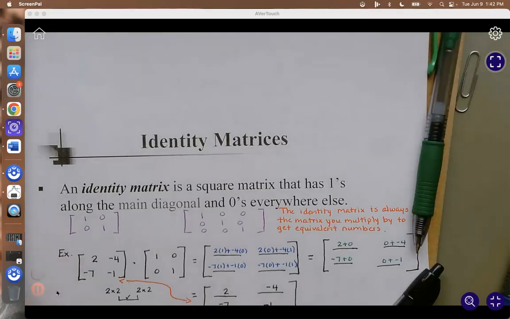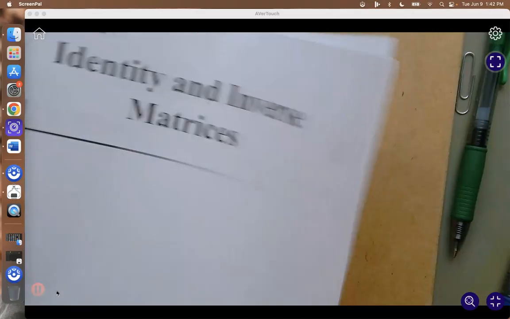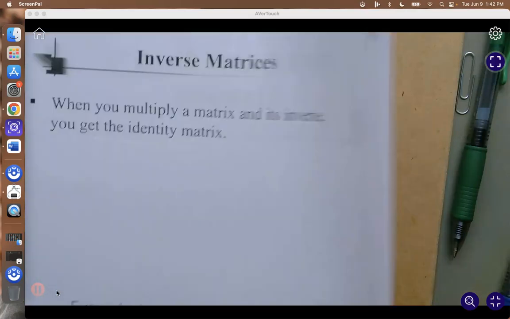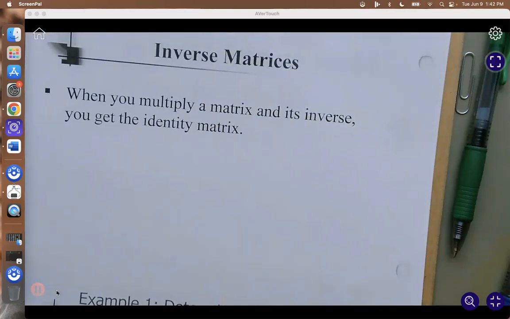All right. Now, going to inverse matrices. When you multiply a matrix and its inverse, you're going to get the identity matrix. So when you multiply two matrices that are inverses of each other, you're going to get that 1, 0, 0, 1. Or the 3 by 3 that has the ones in the diagonal. Okay?